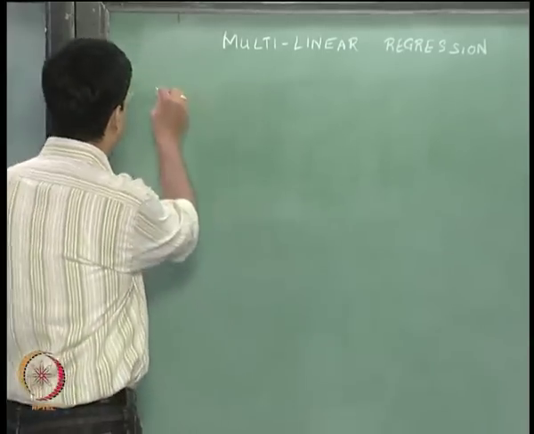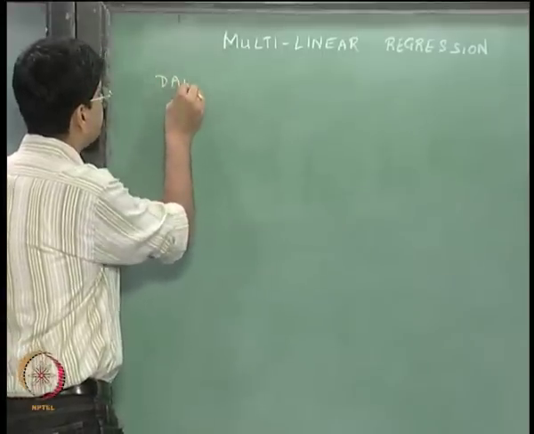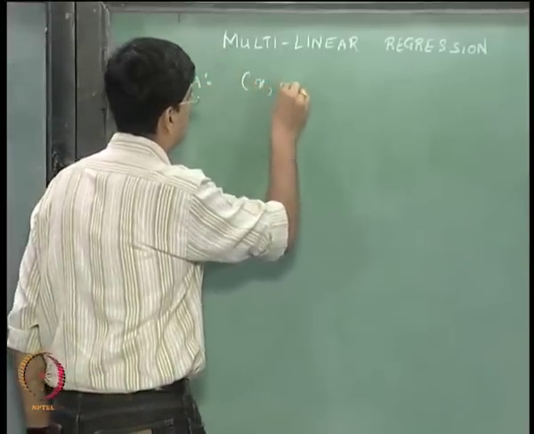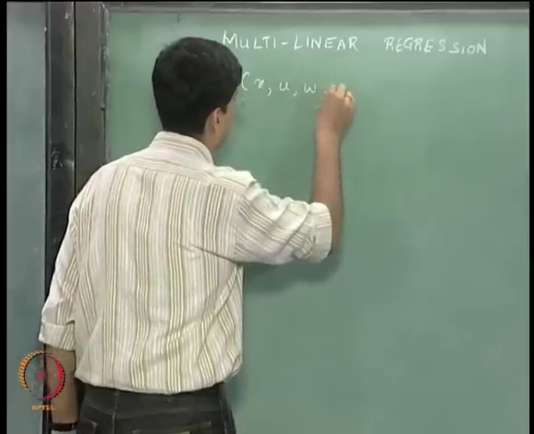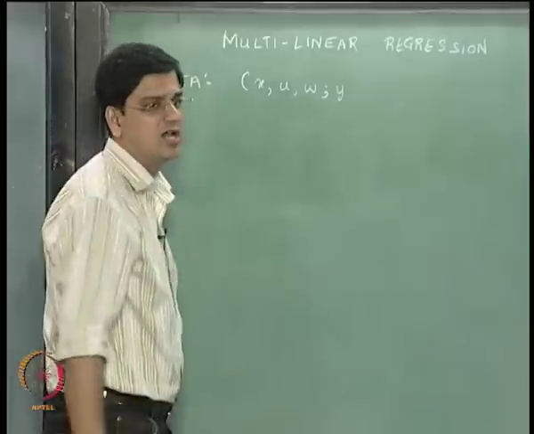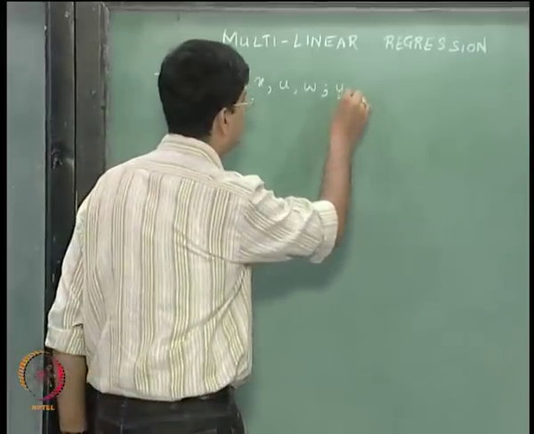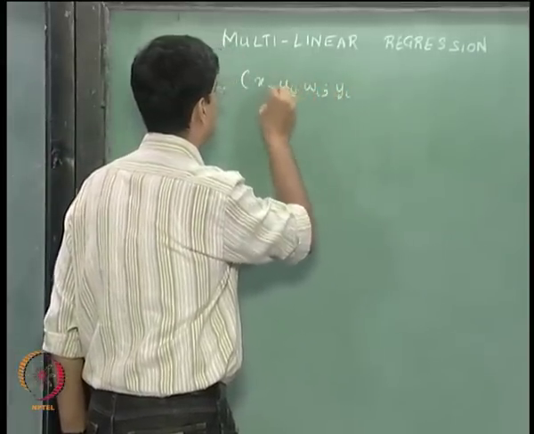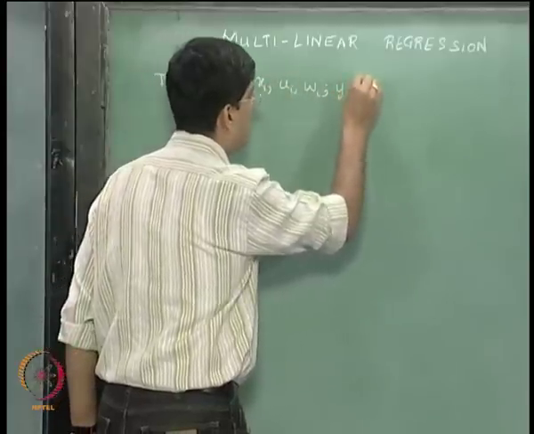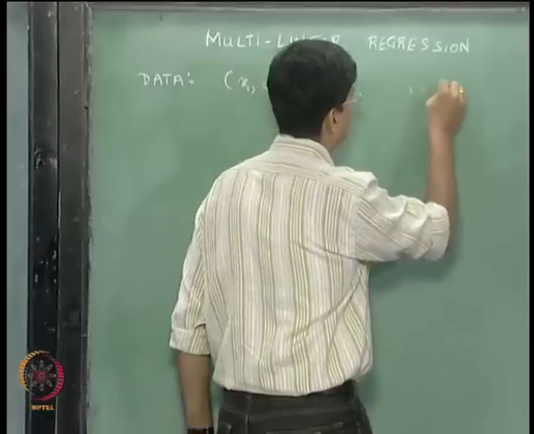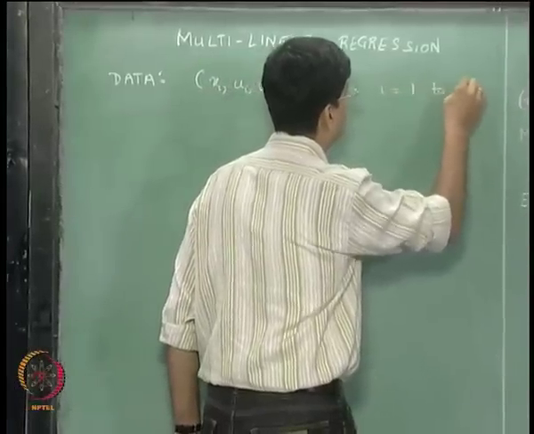So x, u and w are our independent variables, y is our dependent variable, and the data we will represent in terms of xi, ui, wi; yi, where i goes from 1 to n.